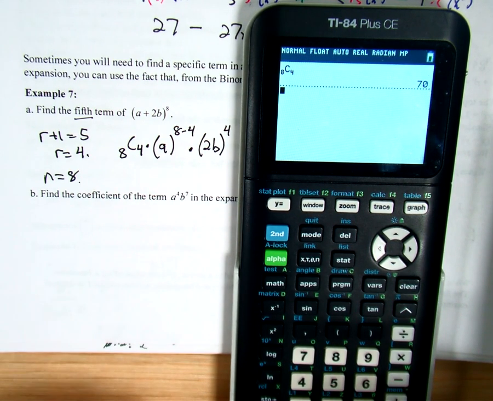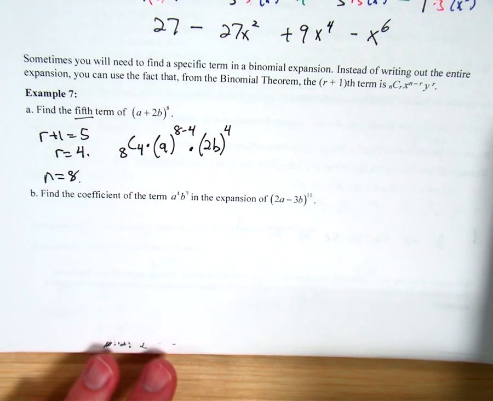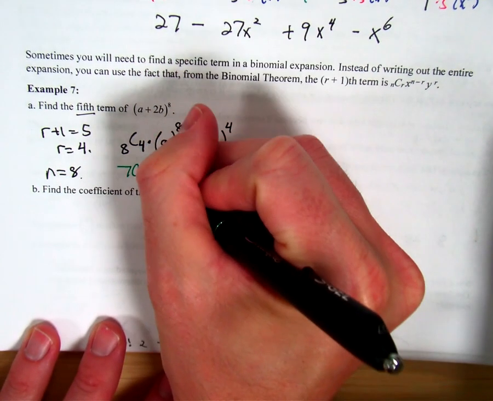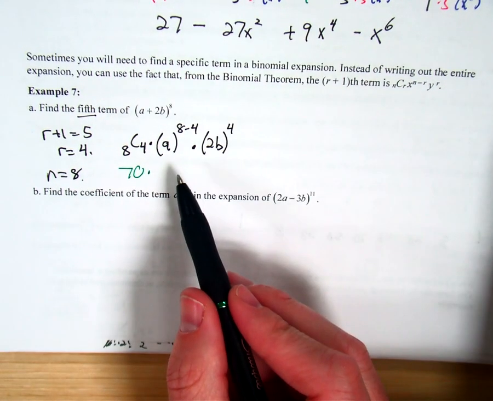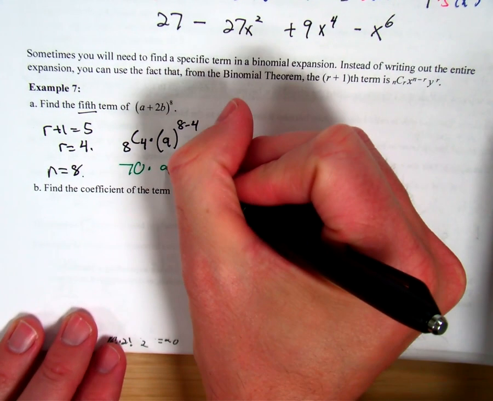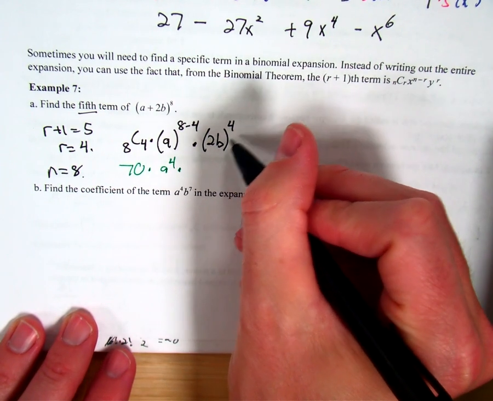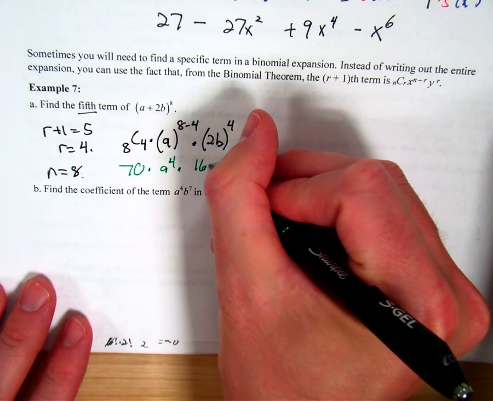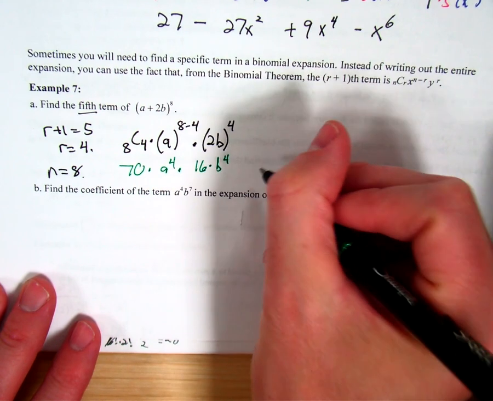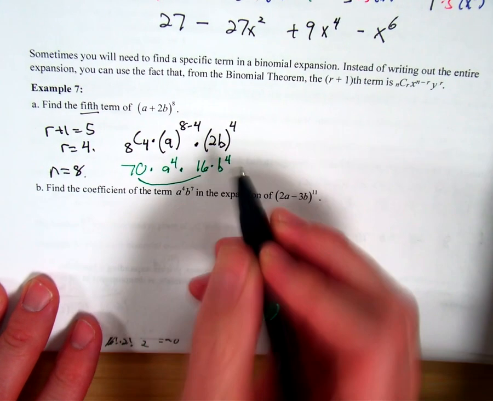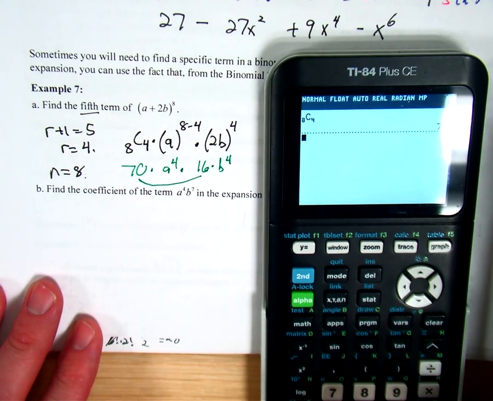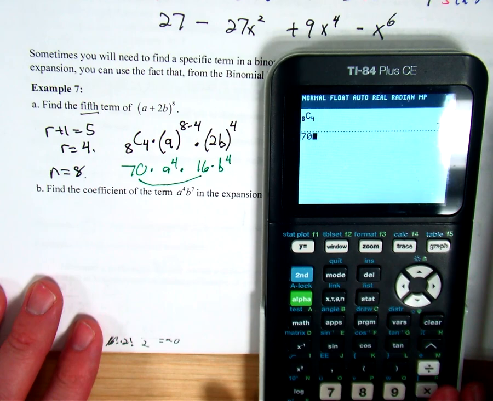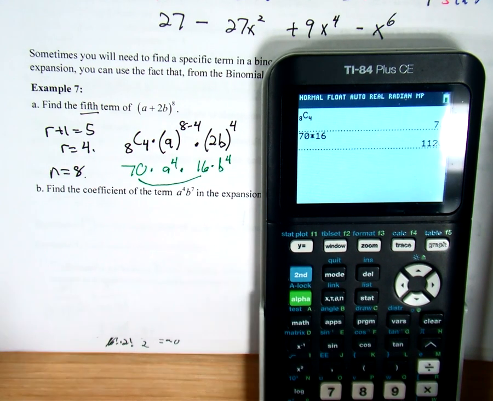So that number is 70. This will be a to the 4th. And 2 to the 4th, 2, 4, 8, 16. And b to the 4th. And then we can simplify by doing 70 times 16. And we'll have 1,120 a to the 4th b to the 4th.